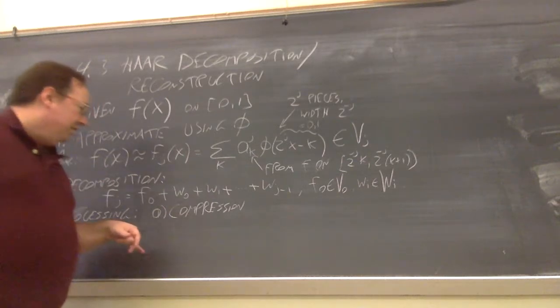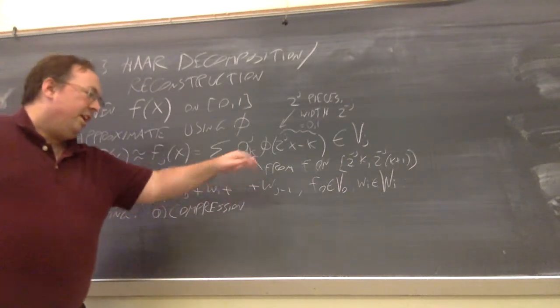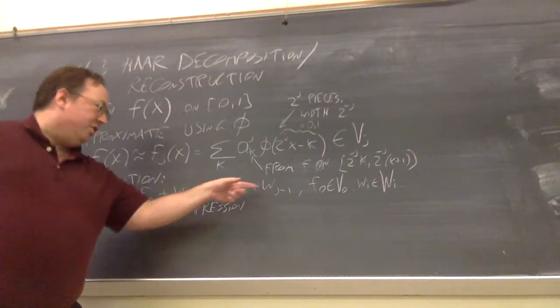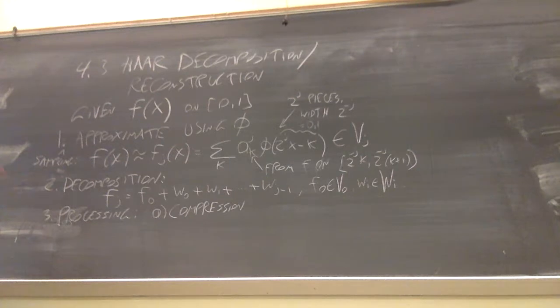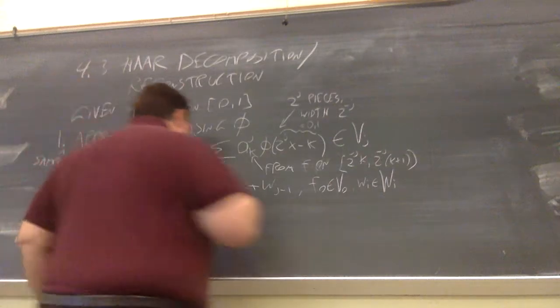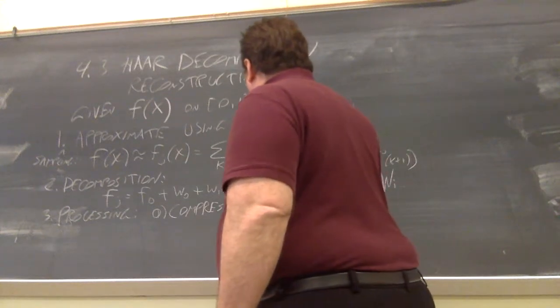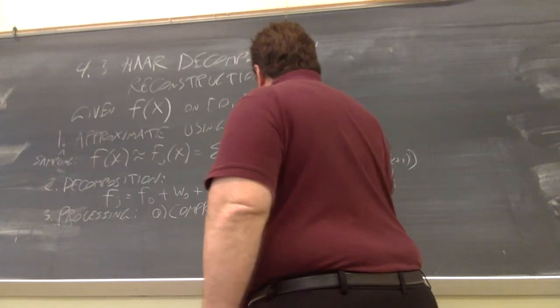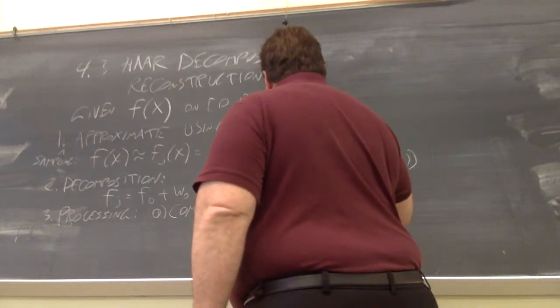Well, this could have as many as 1 term, 2, 4, 8, etc. So it looks like I have just j plus 1 terms here, but really you have a whole lot more, because at a certain level you have linear combinations like these. Okay, so you have a bunch of terms to examine. So for compression, you remove the smallest terms.